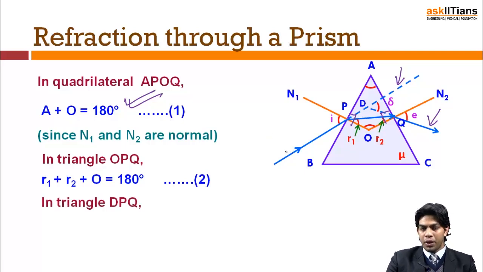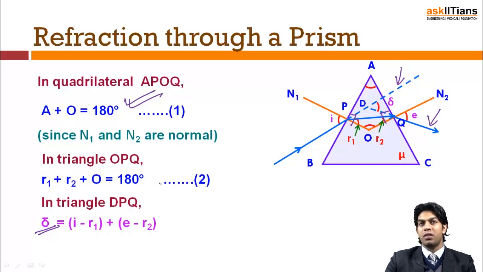Now in triangle DPQ we get the angle of deviation delta. Delta is given by I minus R1 plus E minus R2. This is how we end up calculating the angle of deviation. That is, the initial path was this, then the path taken was this.